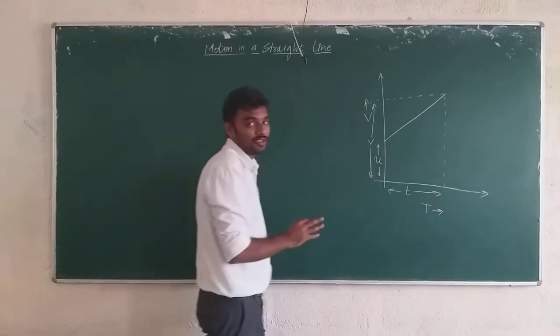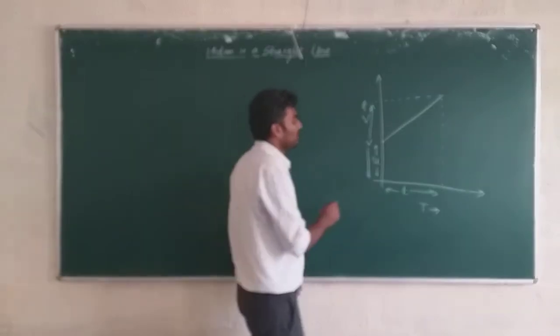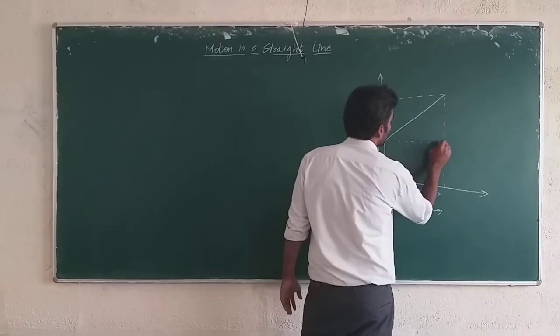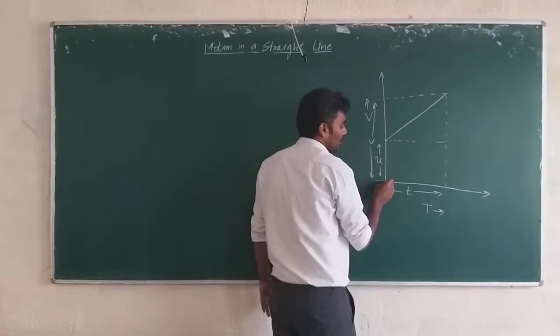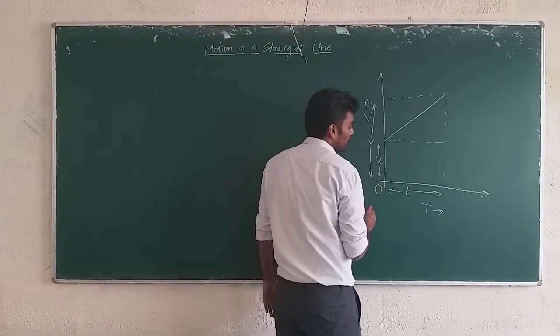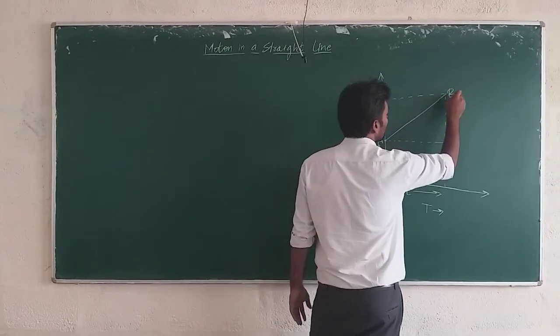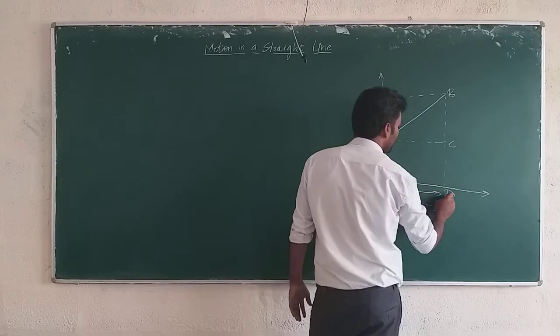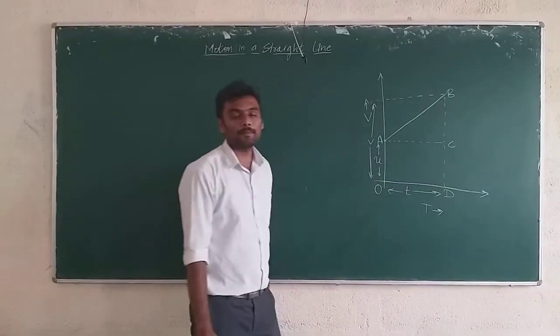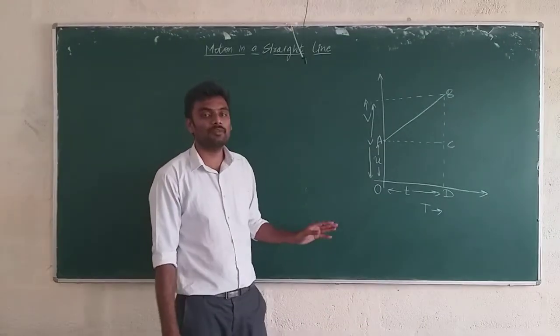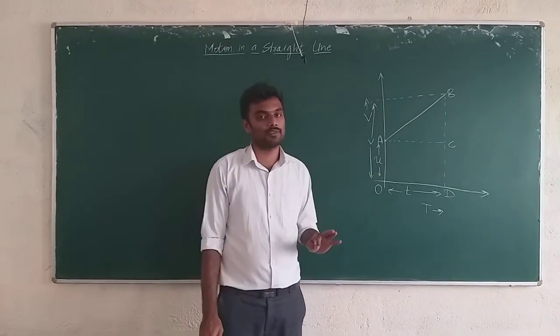This is about the graph, but we named a few things in the graph. The origin is considered as O, and the other points are A, B, C and D. So this is the basic graph which is common for all the three derivations.